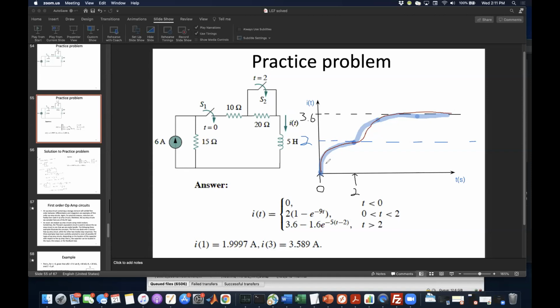So it has the initial transient from 0 to 2, at which point it plateaus at a value of 2 amps. And then when that second switch flips, we have our second ascent up to a final value of 3.6. All right, so like I said, this was one of the more challenging problems in this course. The best way for you guys to wrap your heads around these problems is just to try them yourself and try to convince yourself that this here really is the solution.